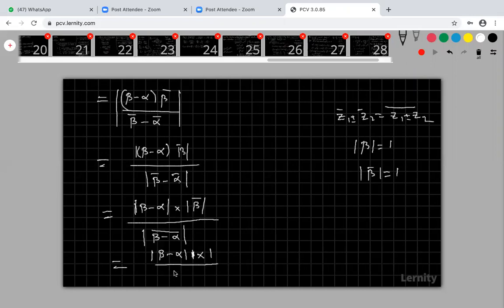Divided by, what about this? The conjugate of (beta minus alpha).